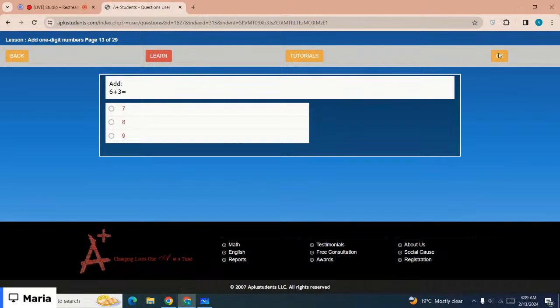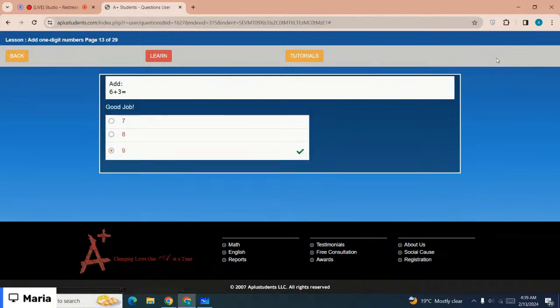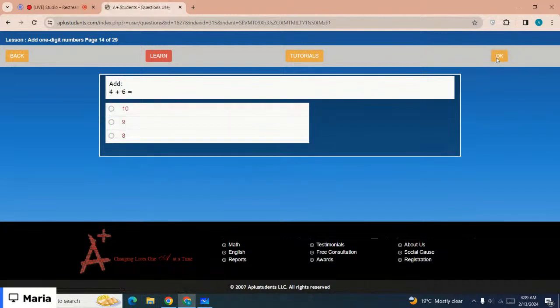Add 6 plus 3, so which is the correct option? Yes, that is 9. 6 plus 3 equals 9. 6 plus 4, which is the correct option?